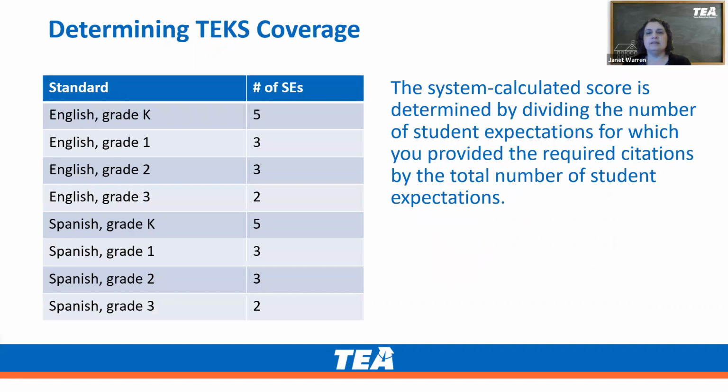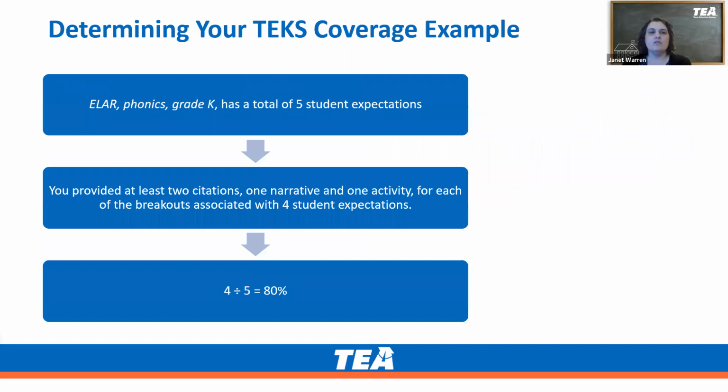The system calculated score is calculated by dividing the number of student expectations for which you provided the required citations by the total number of student expectations. This is the highest possible score you can receive based on the number of citations you provided. For example, in English language arts, in reading, phonics, grade kindergarten, there are 5 student expectations.